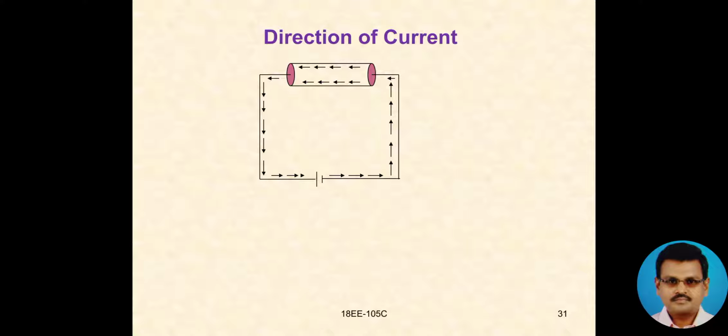If a lamp or any load is connected to the battery with two wires as shown in the figure, then EMF is applied across that. As a result of the EMF applied, the electrons start flowing from the negative terminal through the body and again to the positive terminal.